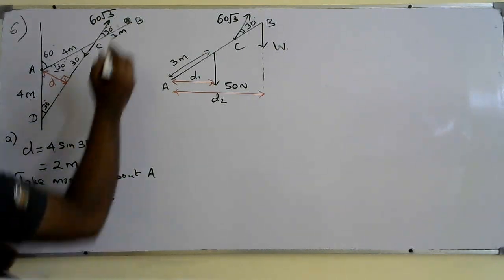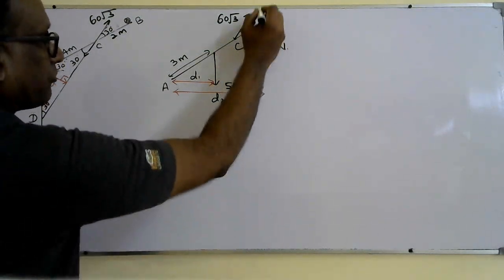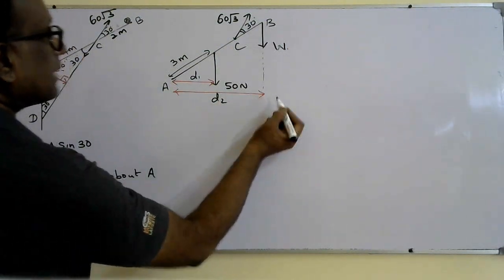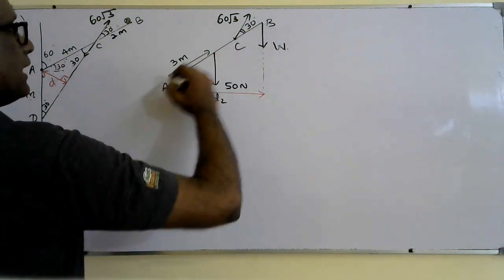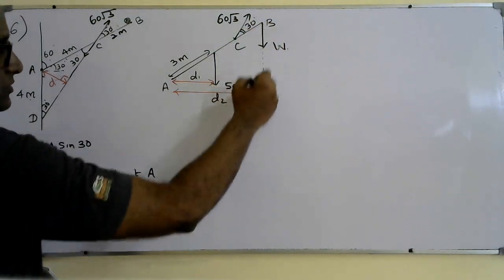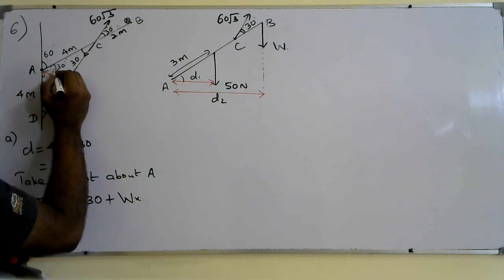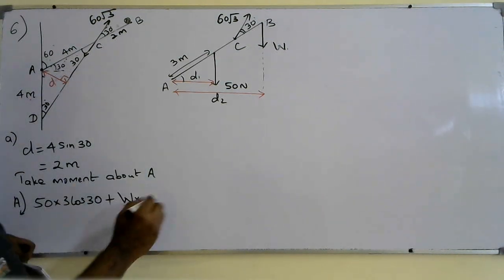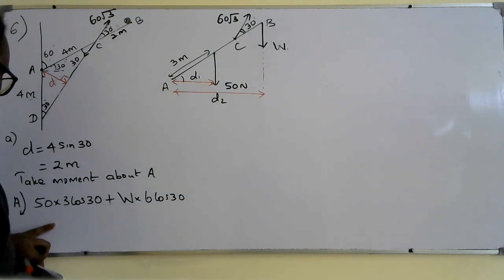Plus the weight W, the distance of the line of action of weight from A. W into, the total length is 6, so 6 cos 30. The line of action is along W, this one. This angle is 30, AB is making 30 with horizontal. So W into 6 cos 30, that is also clockwise moment.